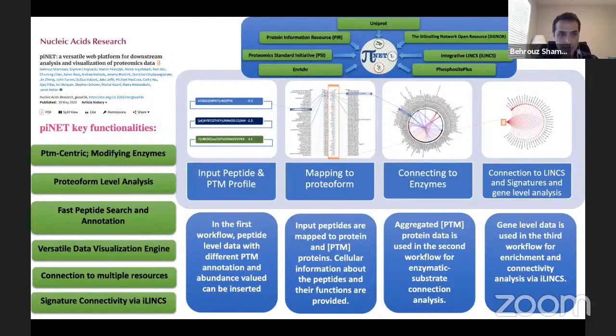We published PINET last year, in May of 2020, in Nucleic Acids Research, with a big consortium of Links proteomics centers. University of Washington were involved, Mike MacCoss, Brandon, you heard from him last week.